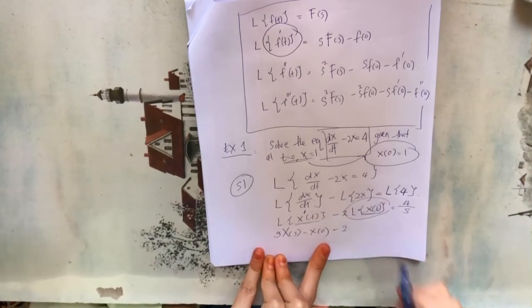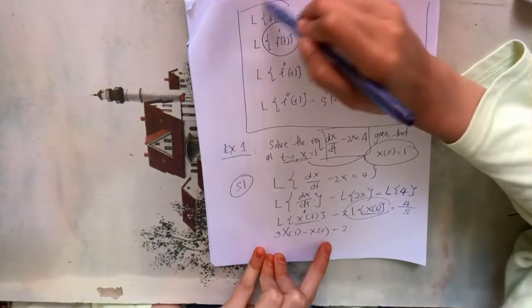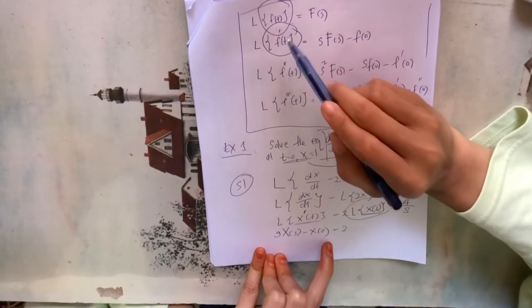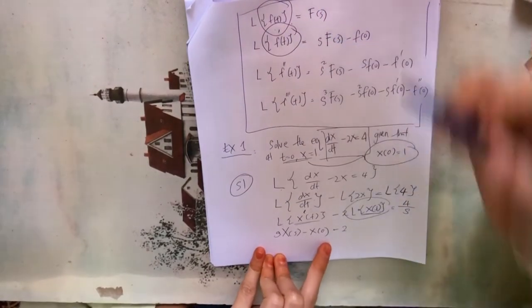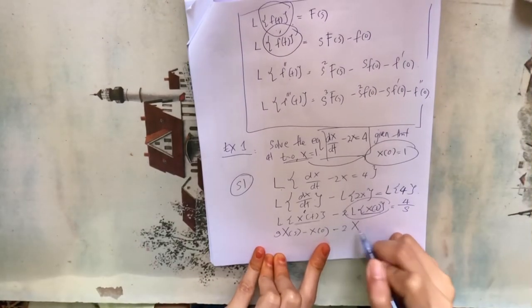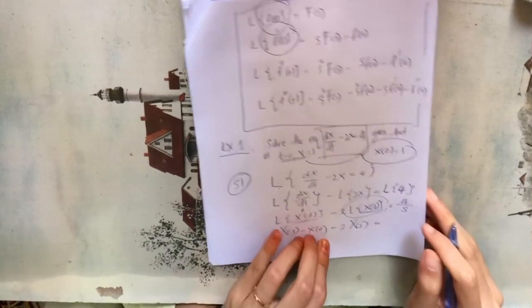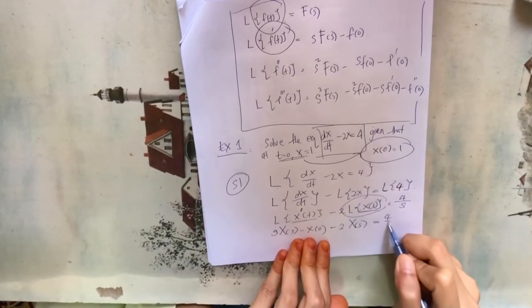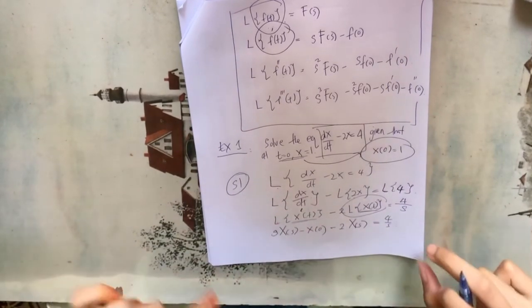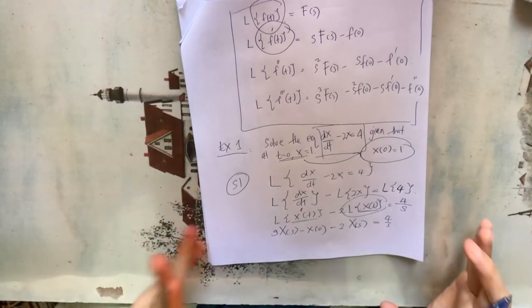How about x(t)? Referring to f(t), you get capital F(s), so here it is capital X(s). The last one is 4 over s. So step number 1 is done.